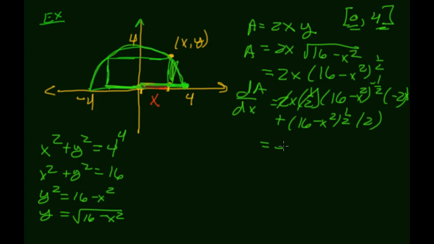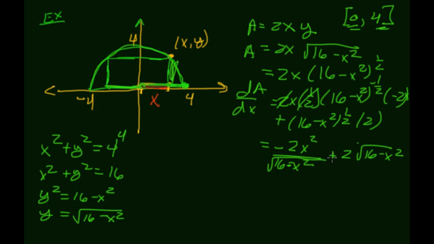Okay. So let's see, that 2 and that half are going to cancel. So I think this gives me negative 2x squared over 16 minus x squared, plus 2 times the square root of 16 minus x squared, right? And this is a square root there.